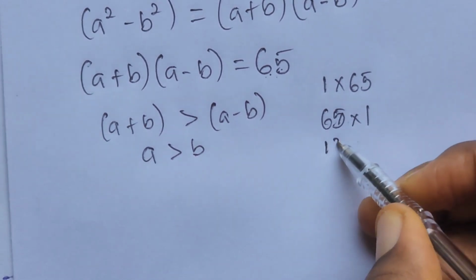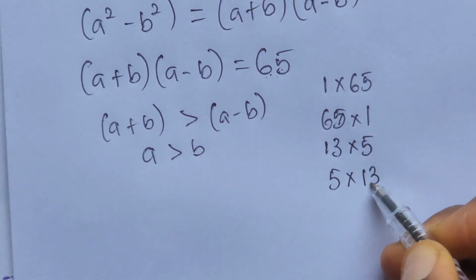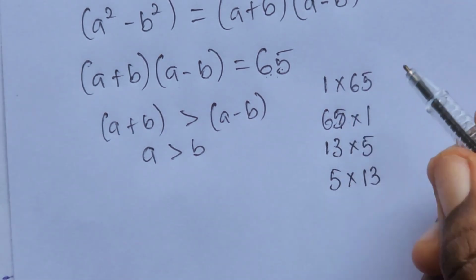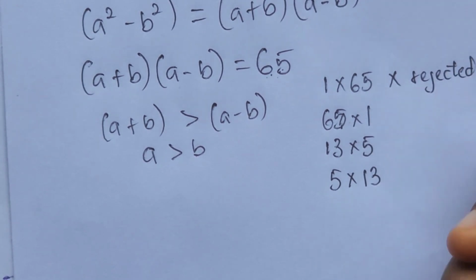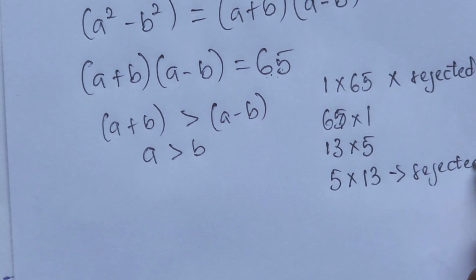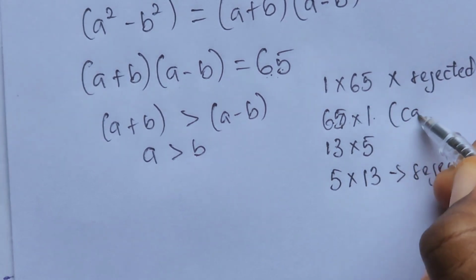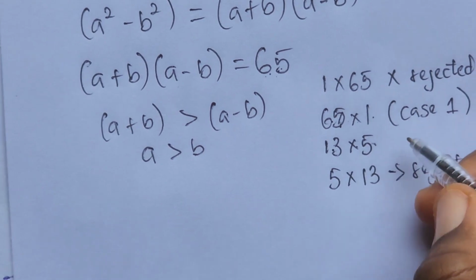We also have 13 times 5 and 5 times 13. But a is greater than b, hence this is rejected, and this is also rejected. So we have 65 times 1 as case 1, and we have 13 times 5 as case 2.